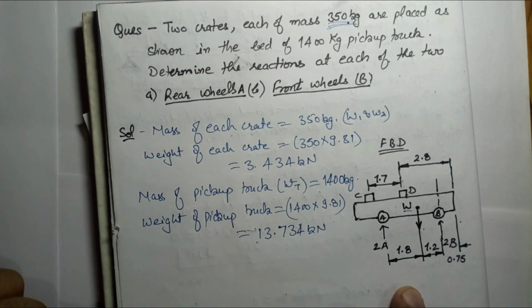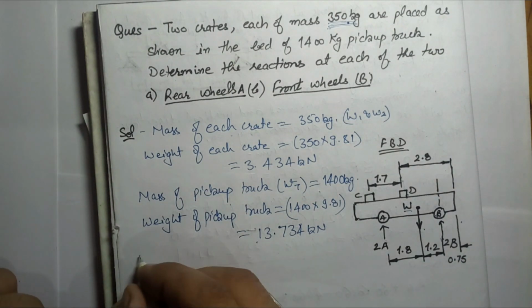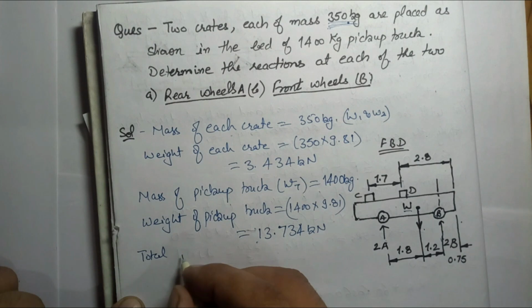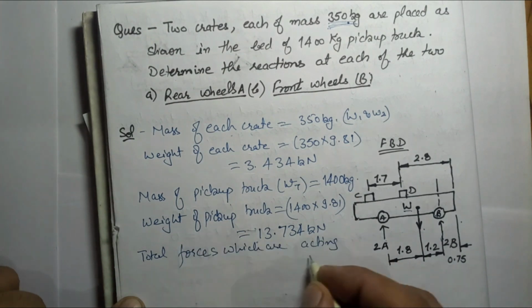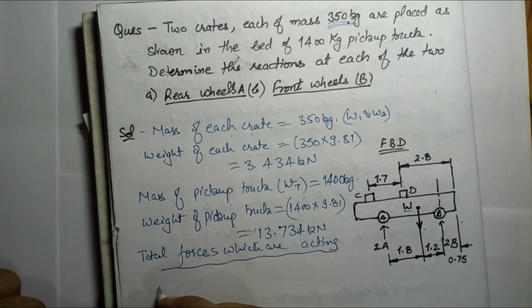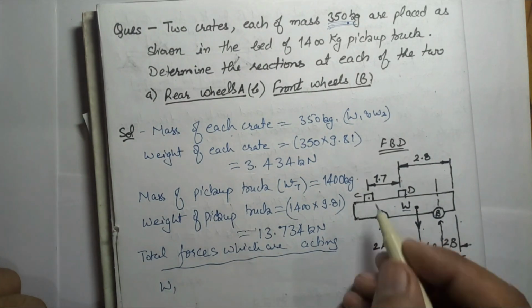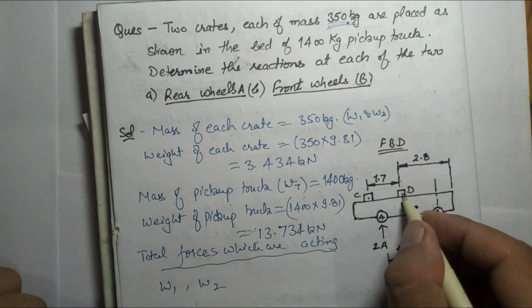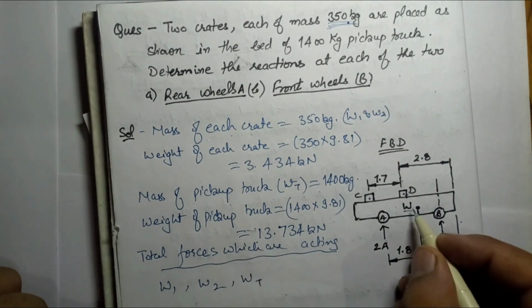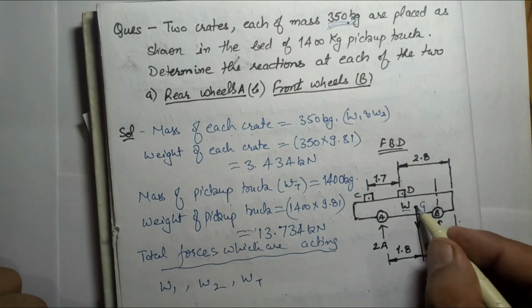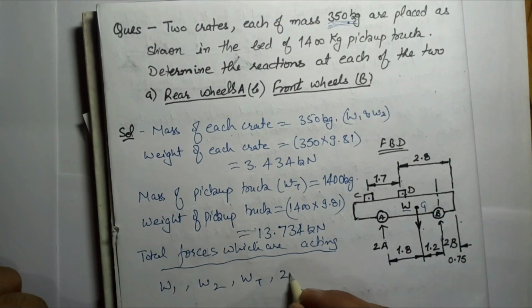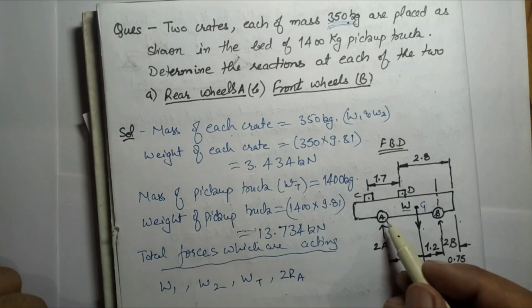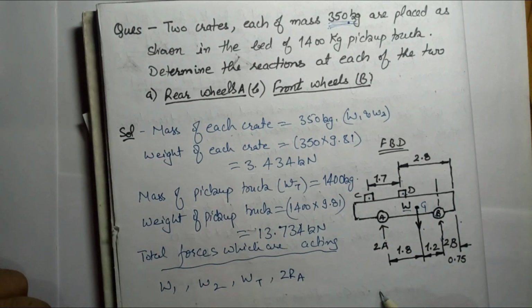If I say in this force system, what are the various forces which are acting? First, W1 at C point, W2 at D point, weight of truck at the G point, then two normal reactions at A point. Now this truck is having four wheels, two front wheels, two rear wheels, right?